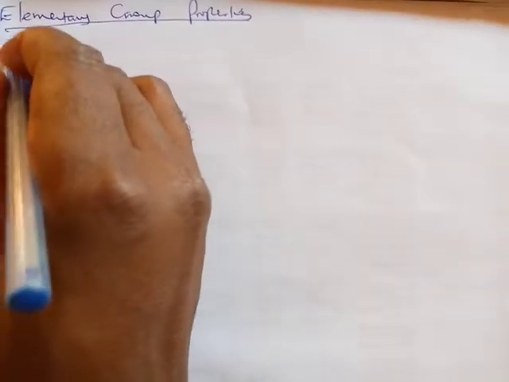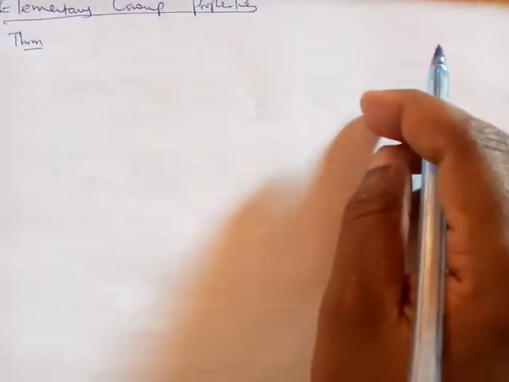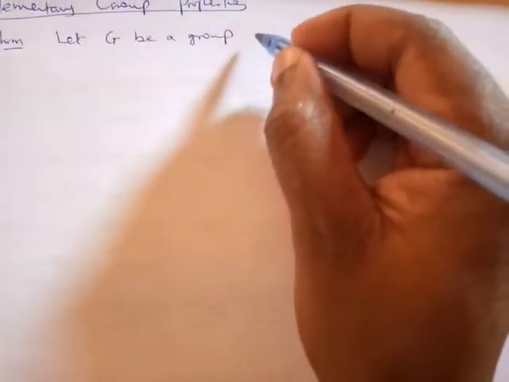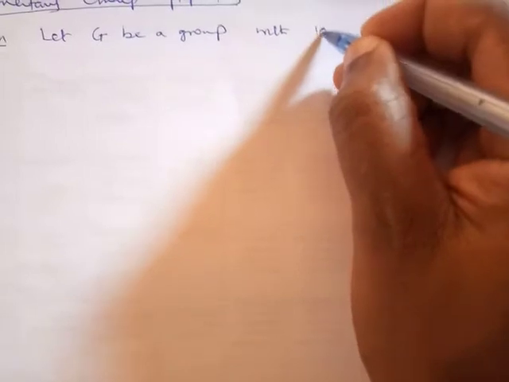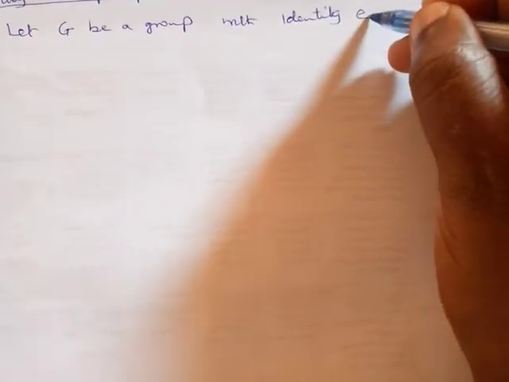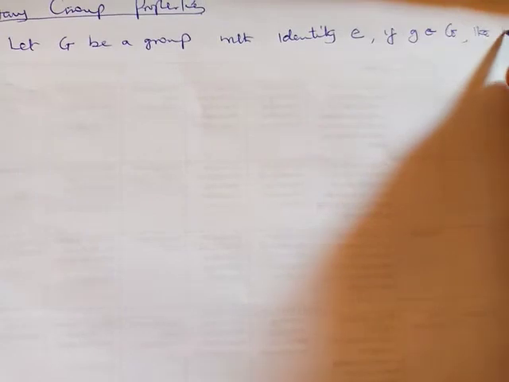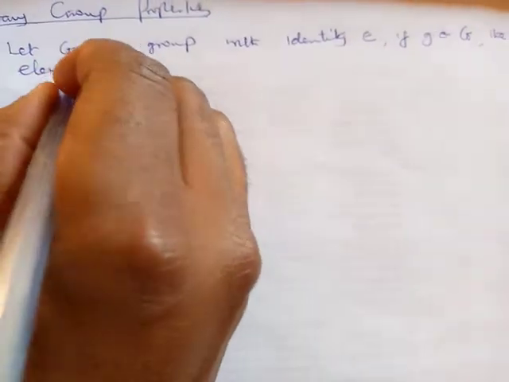Now we'll start with a theorem, and this theorem says: let G be a group with identity, because last time we looked at identity E. If G is in that group, the inverse element is unique.